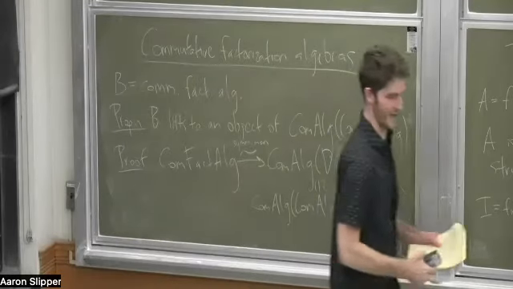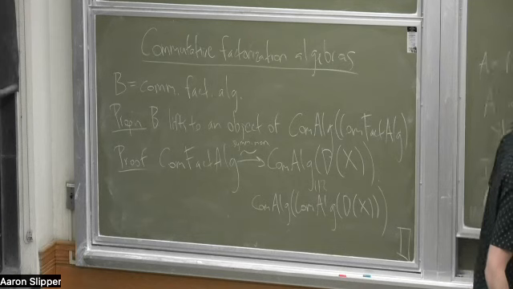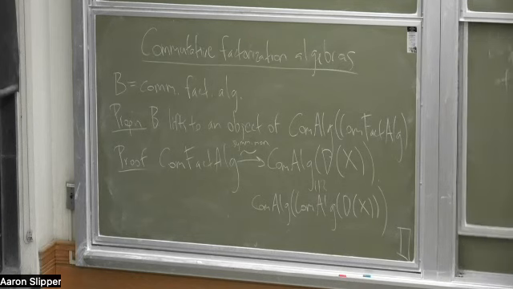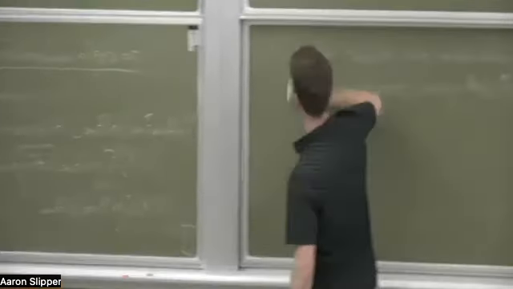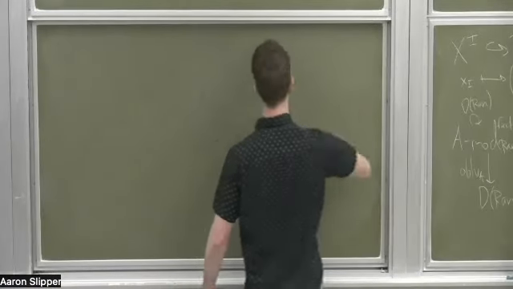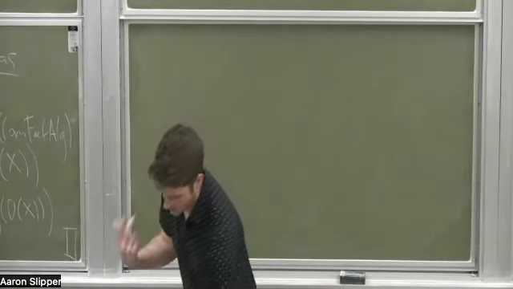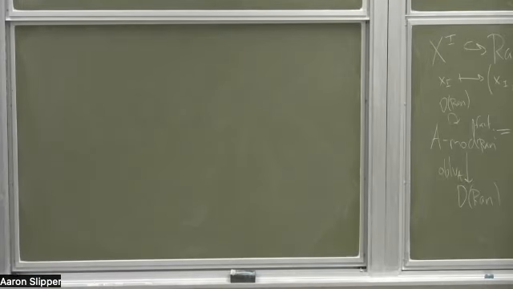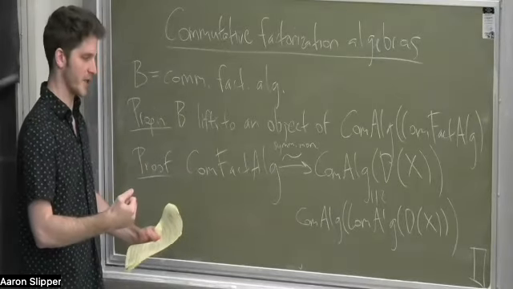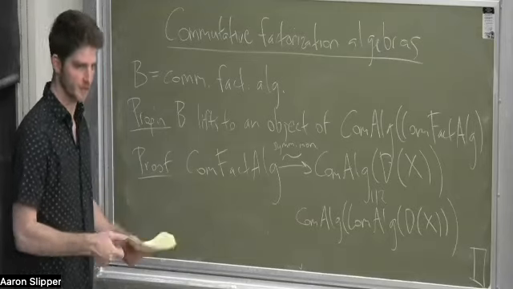Okay, that was very weird and abstract. It's just abstract nonsense. But a more down-to-earth interpretation is related to what we explained last time: if I have a factorization algebra with a commutative associative algebra structure and it's classical, then that has to be commutative. This is saying something slightly different but closely related: if I have a commutative factorization algebra, it's canonically a commutative algebra with respect to pointwise tensor product.